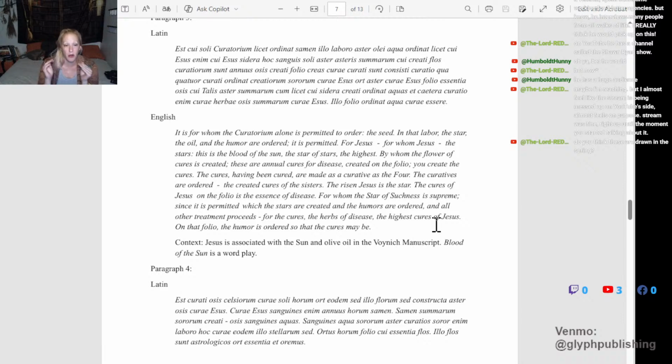The star of suchness. Okay? Remember that. Since it is permitted, which the stars are created, and the humors are arranged or ordered, and all other treatment proceeds. For the cures, the herbs of disease, the highest cures of Jesus, on that page, the humor is also ordered, so that the cures may be, or may exist.